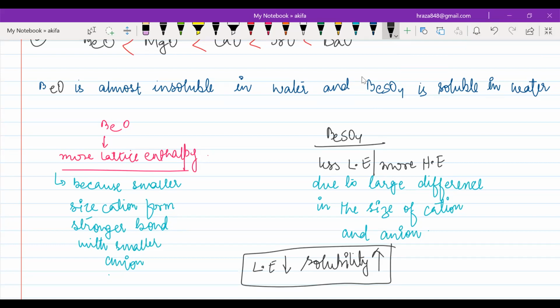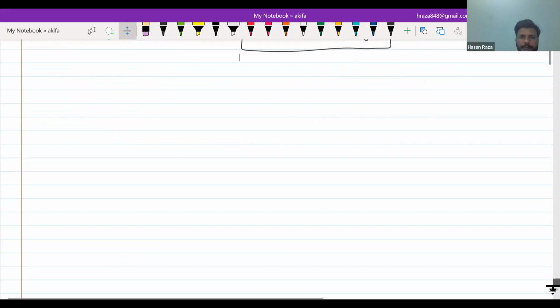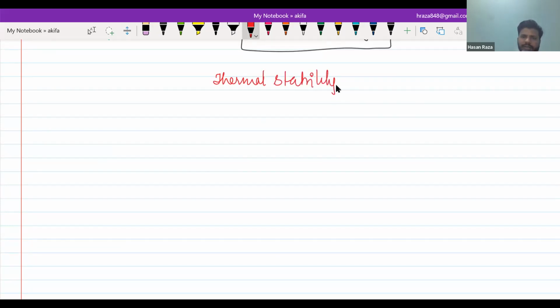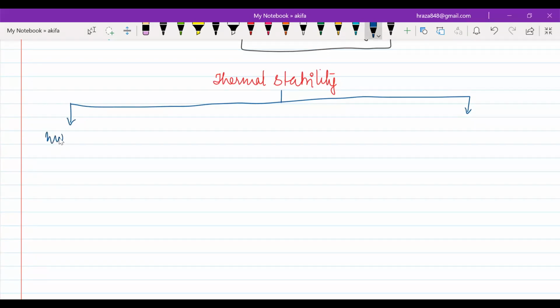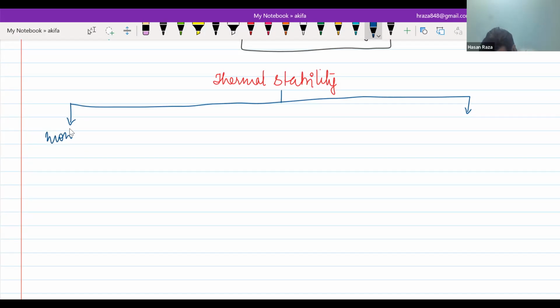Done. Yes. Now we will talk about thermal stability. Thermal stability is so easy to understand here because I have already taught you about polarization and Fajan's rule, right? Yes. Since we are talking about the first group, it will most probably make ionic compounds.